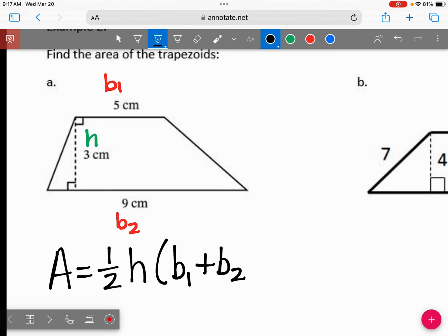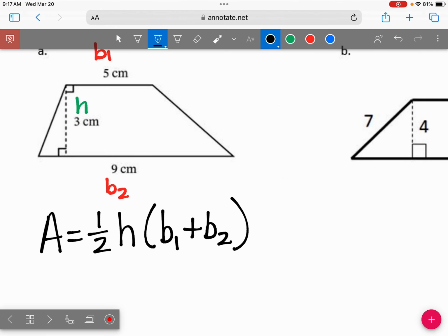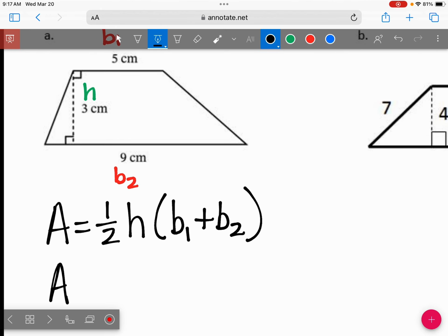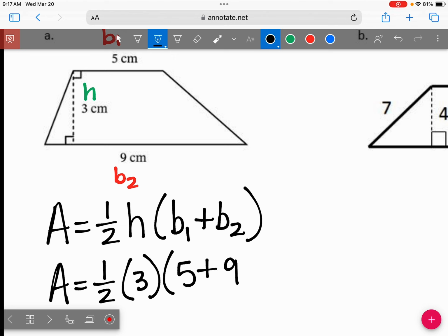I'm just rewriting the formula. So in your calculators, you're going to type in 1/2 times the height, which is 3, times B1 plus B2. All right, type that in your calculator just like that. Parentheses and everything.